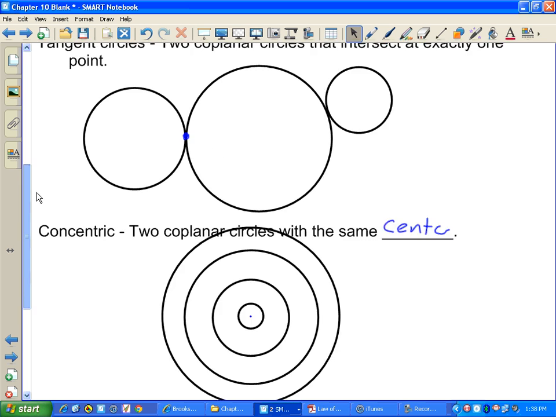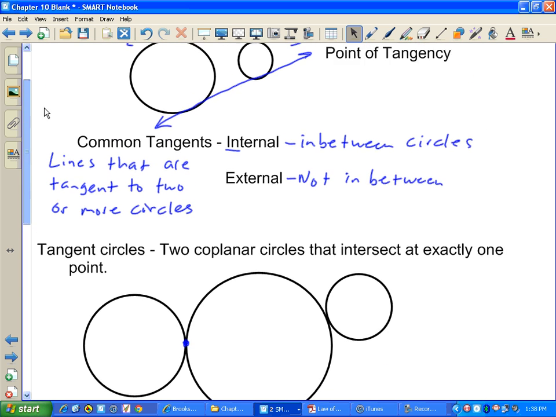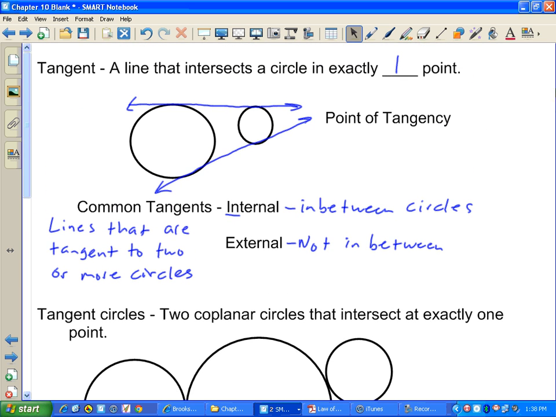Another thing about tangents is if a line is tangent to a circle, then it makes a right angle with the radius that connects to the point of tangency. So all these radii going from the center to their tangent line are perpendicular.